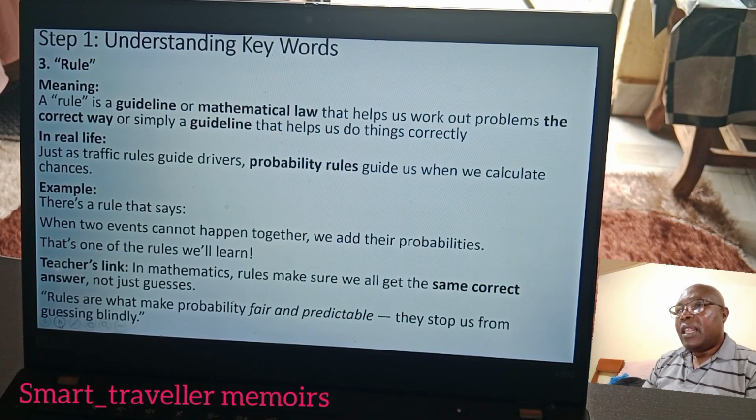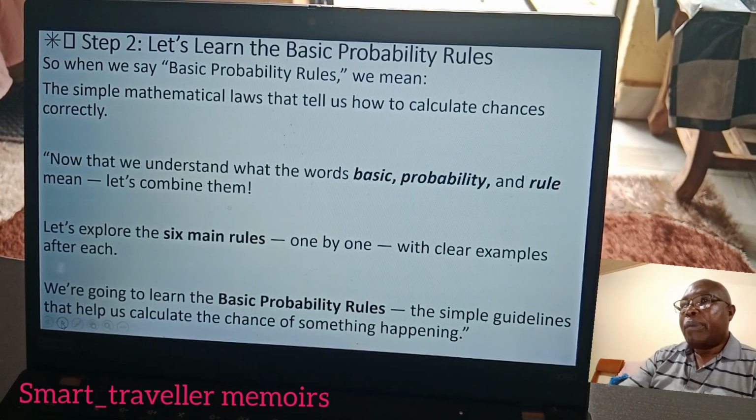Example, there is a rule that says when 2 events cannot happen together, we add their probabilities. That's one of the rules we will learn. In mathematics, rules make sure we all get the same correct answer, not just guesses. Rules are what make probability fair and predictable. They stop us from guessing blindly.